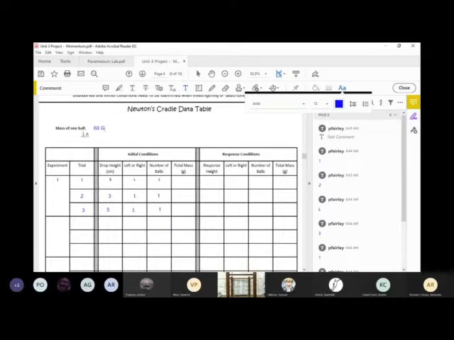So that's the mass of a single ball, 68 grams. And if I'm only dropping 1 ball, that means my total mass is just 68 grams.